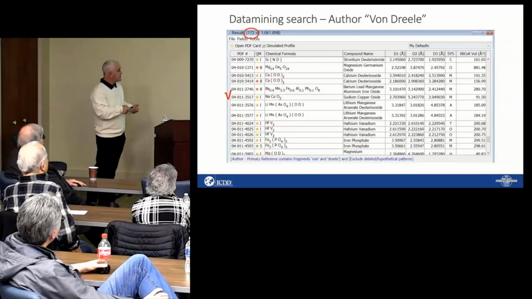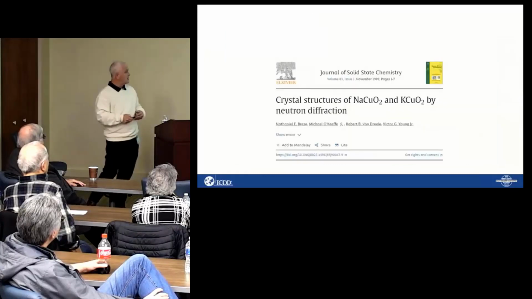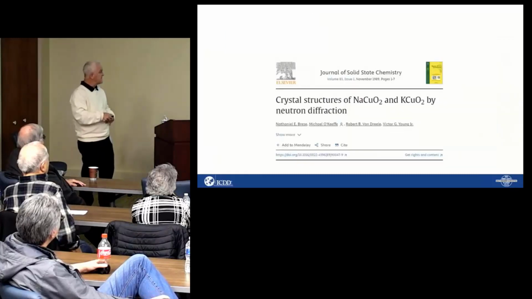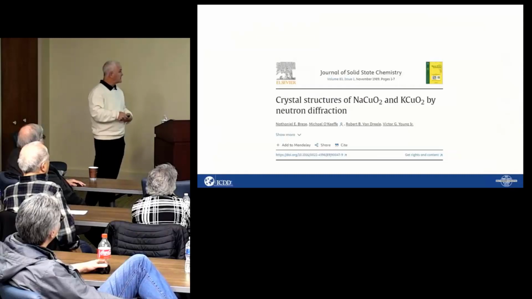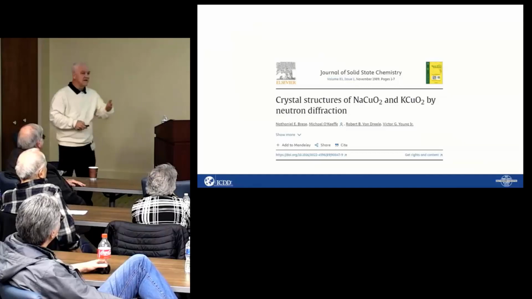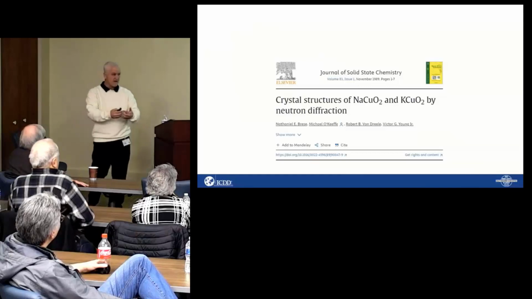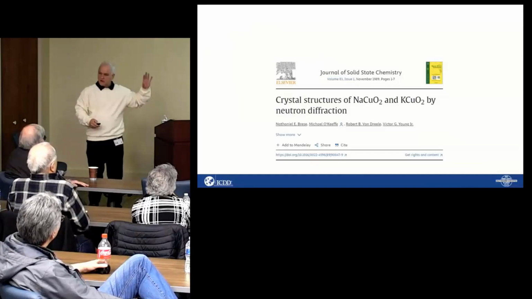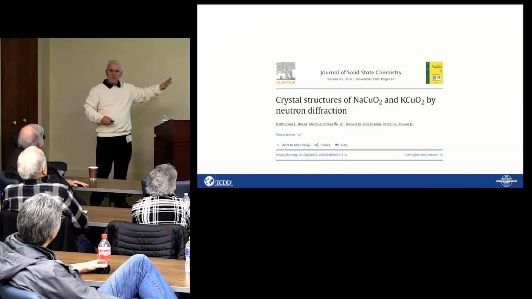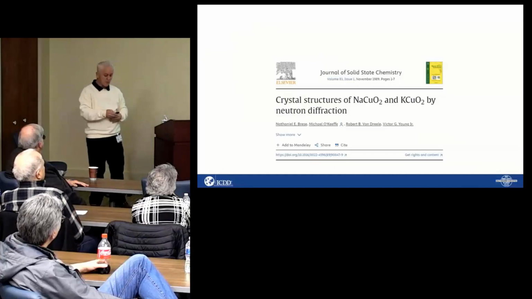And if you look at a particular entry here, sodium copper oxide, you have one of the papers that is in fact authored by our guest of honor, Robert von Dreele, but also we see Vic Young is on this paper as well too. And it's from these data, the data that are in these papers, that are included in the Powder Diffraction File. I mean, that's how the Powder Diffraction File grows, by getting more data like this.